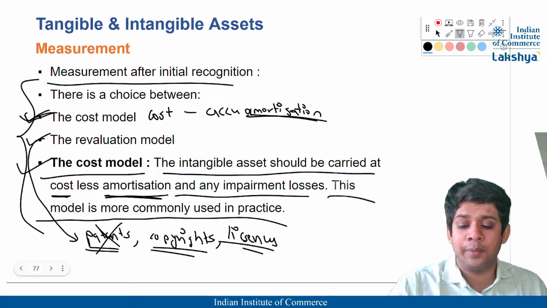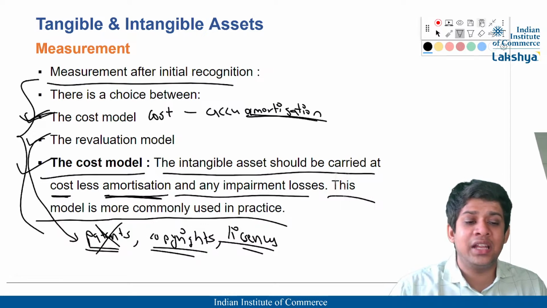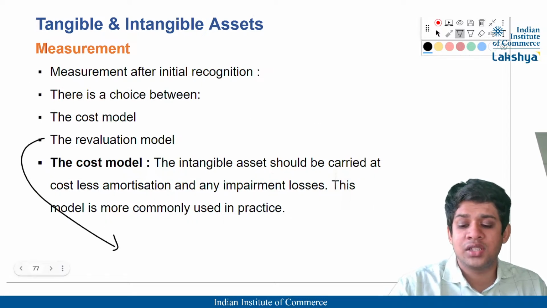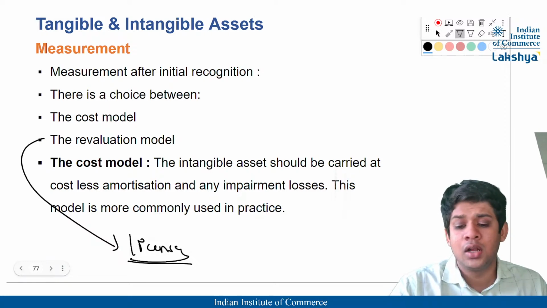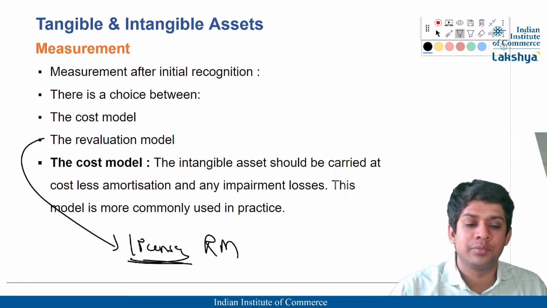Not patents, okay? Technically, not patents. It is mainly going to be licenses. Just ignore patents, guys. Licenses. Maybe I have a liquor license or maybe I have a license to carry a gun or something. It can be sold out in the market to anyone else. So that will mainly be considered under the revaluation model.